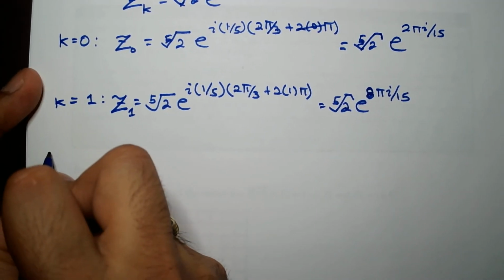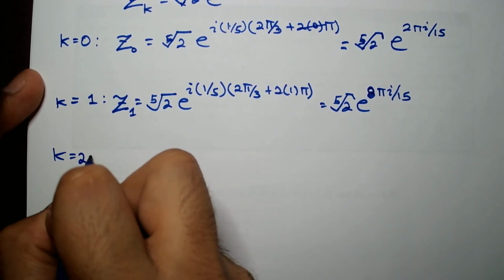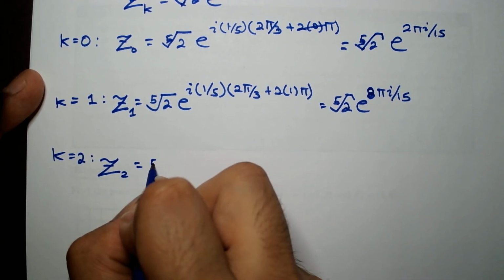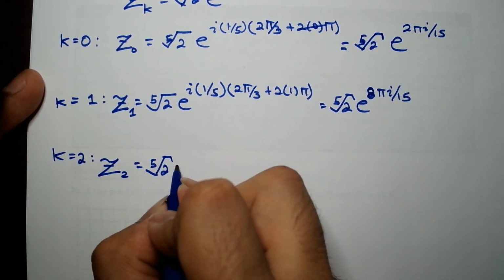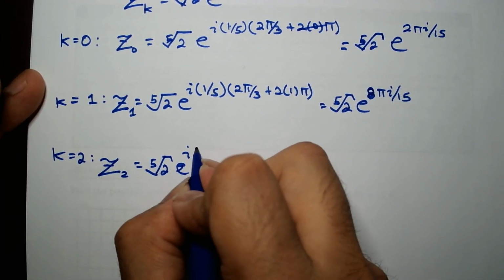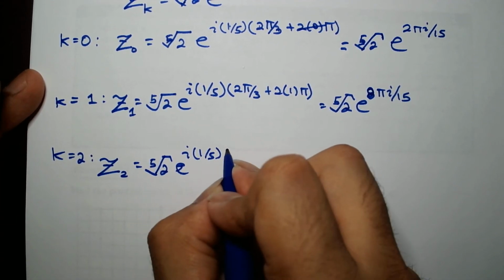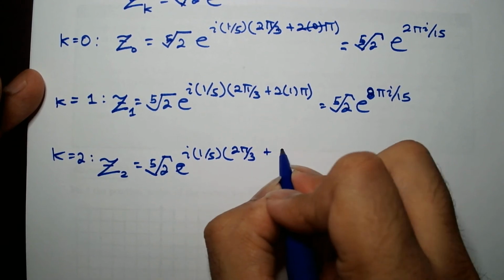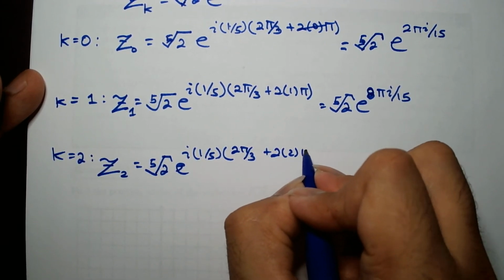k equals 2. z subscript 2, the fifth root of 2, e to the i 1 over 5, 2 pi over 3, plus 2 times 2 pi.